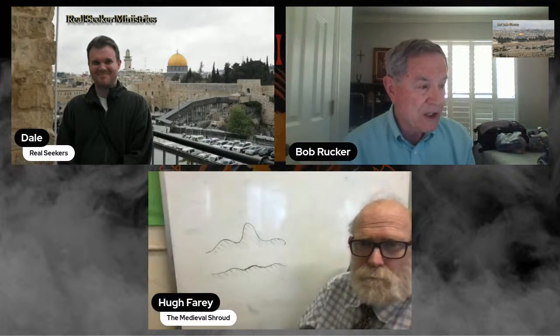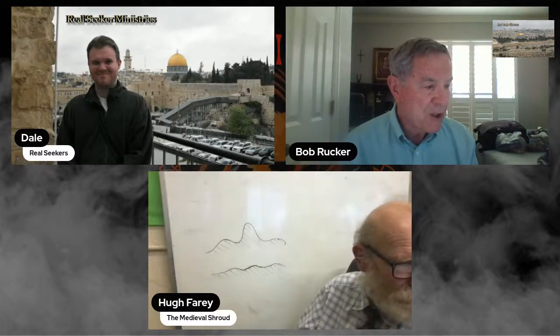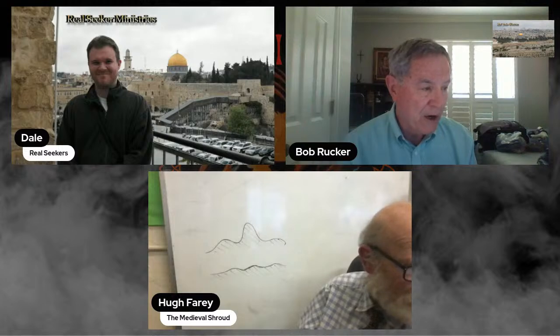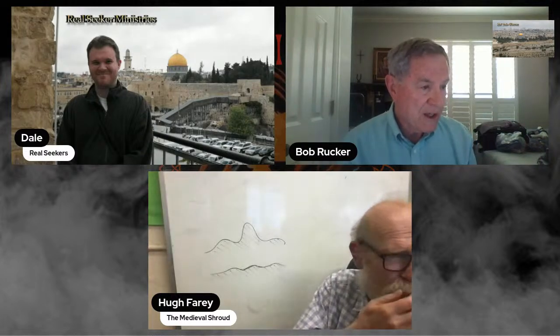This is inconsistent with the smooth gradation of discoloration that is on the shroud. That's number one. Number two, there are about 100 linen fibers in a linen thread. A linen fiber is about 15 micrometers in diameter, which is about 1/5 the diameter of a human hair. And a fiber that is discolored, in one of the images, the discoloration on the fiber has a thickness of less than 0.2 micrometers.